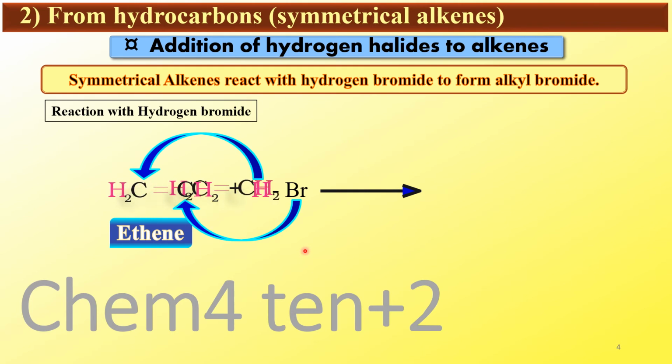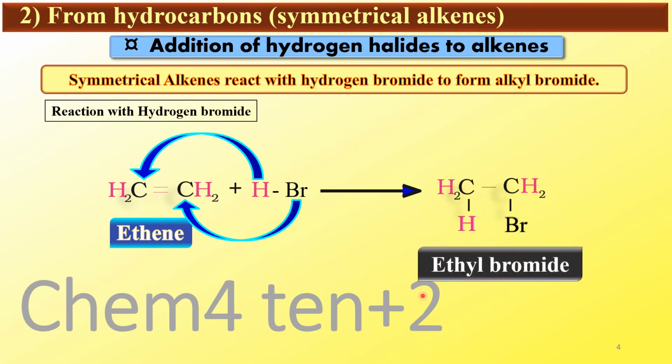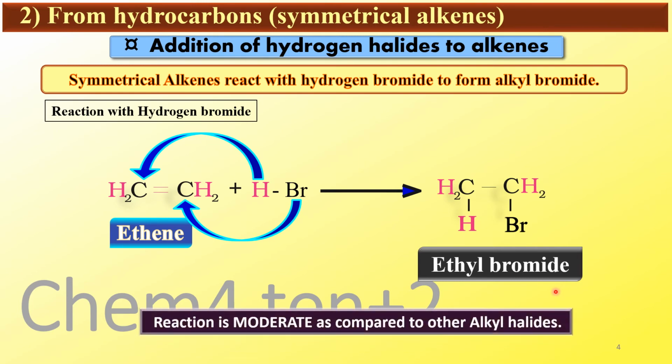Thus the reaction proceeds to give ethyl bromide, CH3 CH2 Br, ethyl bromide. Here the reaction is moderate as compared to other alkyl halides.